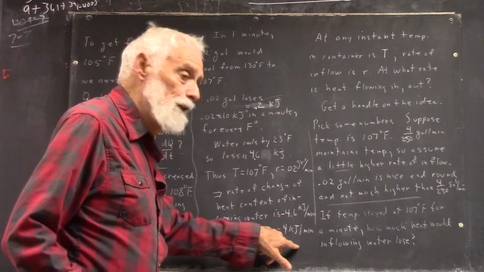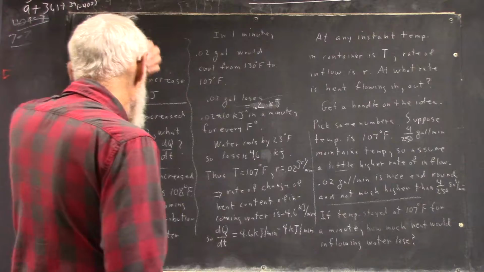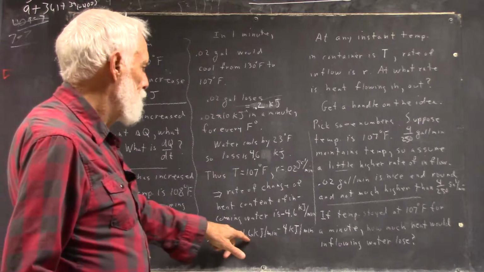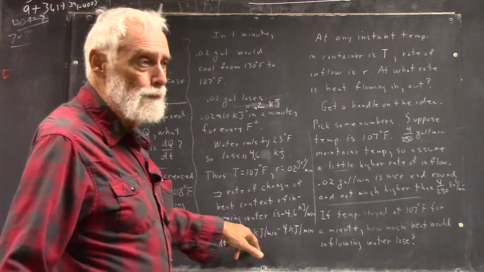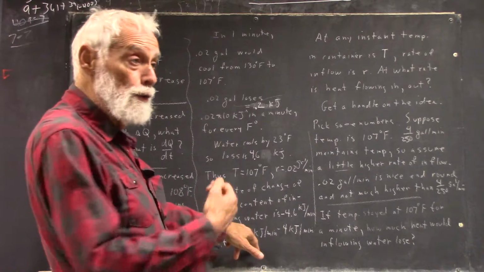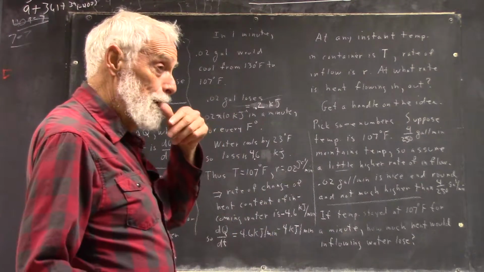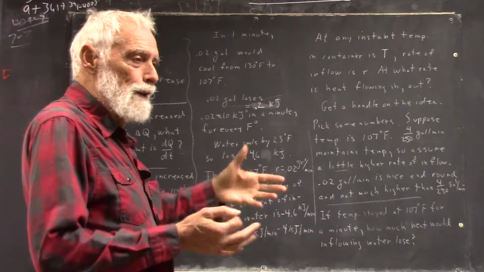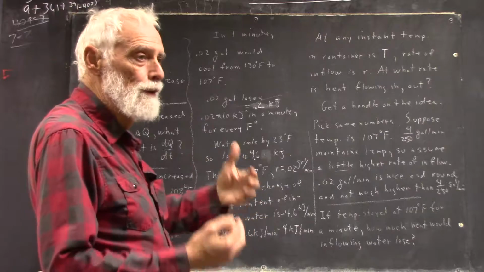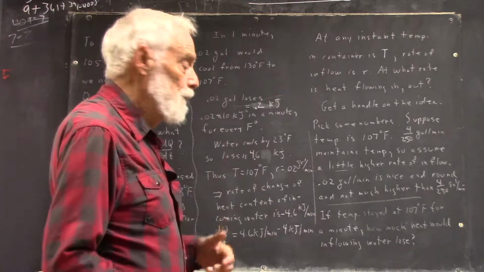Which means that your net rate of increase would be 0.6 kilojoules per minute, meaning it takes 16 minutes to increase the temperature a degree, because you need 10 kilojoules to increase by a degree.